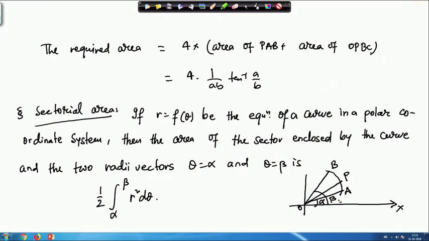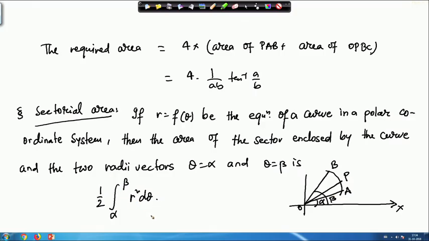So the sectorial area means the area bounded between OA and OB and this curve. So this area, these radii vectors and the curve, is called the sectorial area, and it is given by 1 by 2 integral from alpha to beta r square d theta.